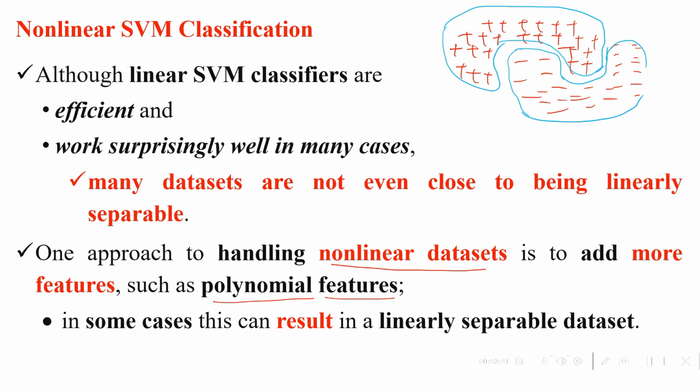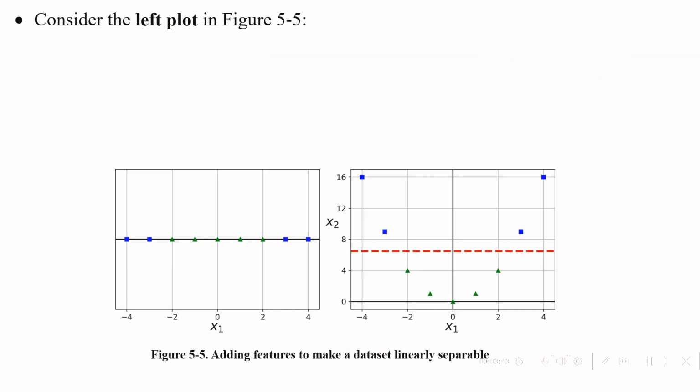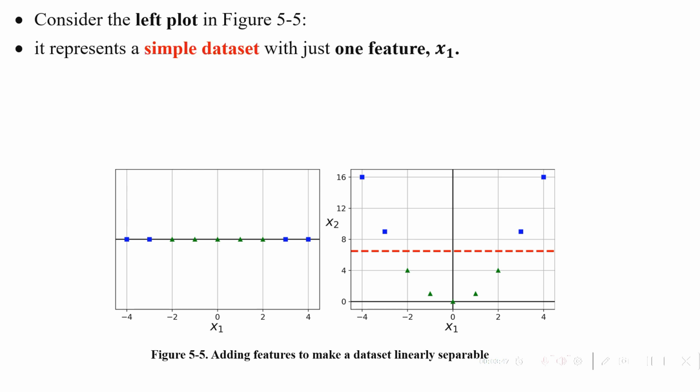Here is one more technique. Suppose we have only one feature. See the figure here. It contains only the x1 feature. The data points are -4, -3, -2, -1, 0, 1, 2, 3, and 4.